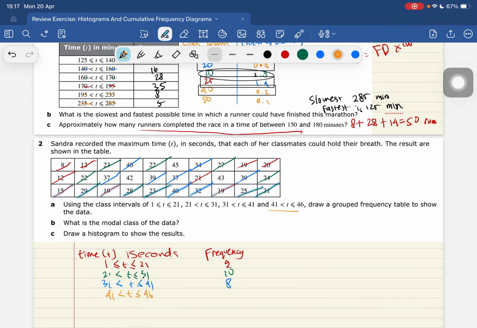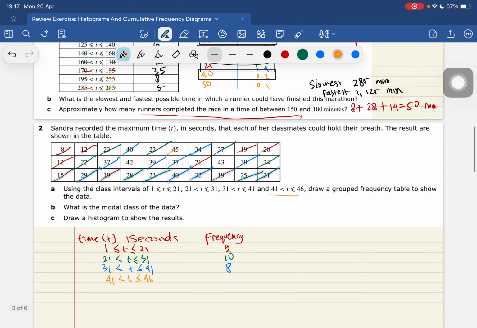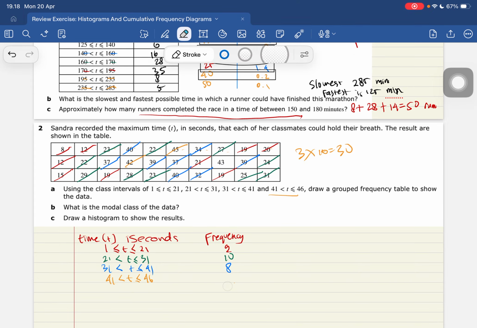And for 41 to 46, we count 3. In total, it needs to be 30. However, the addition is not 30, so let's recount.